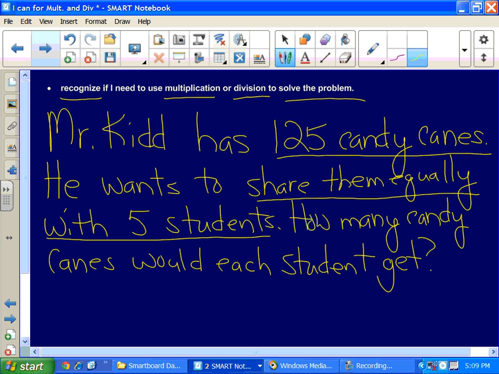Or if you looked at sharing them equally, that is another clue to help you figure out if it's division. Because if you're sharing them, dividing means to split up or share or separate. So we have the 125 candy canes, split them on 5 students, and that would equal the number of candy canes each student received. I'm not going to solve that. We'll talk about how to solve that division problem in just a minute.